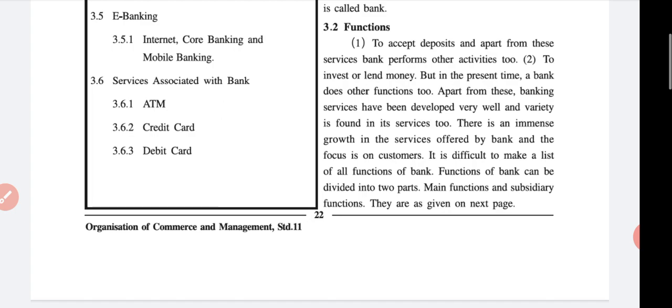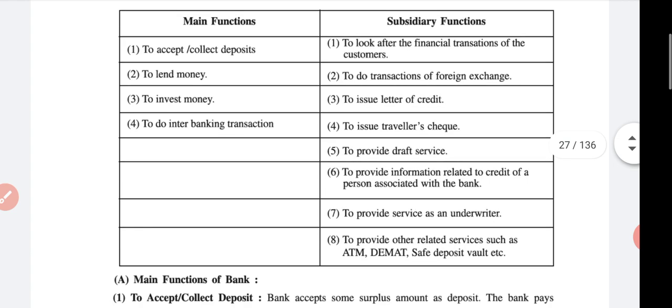Okay. Functions of bank: accept deposits, and lend money to the borrower. There are two parts of function: main function and subsidiary function. There are 4 points in main functions: accept the deposit, lend money, invest money, and do interbanking transaction. And subsidiary functions.